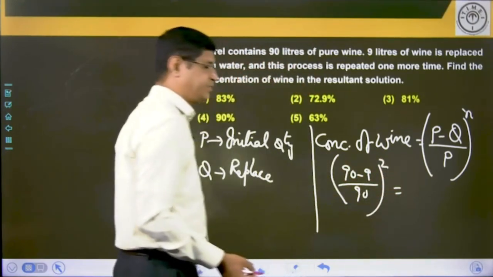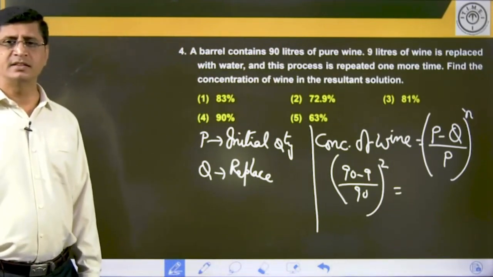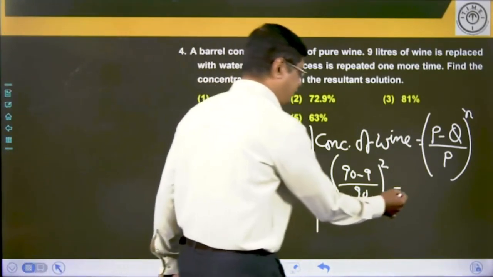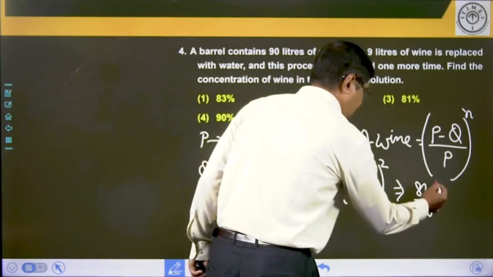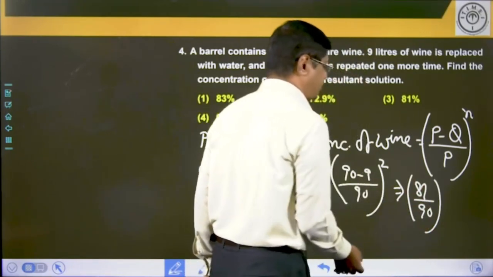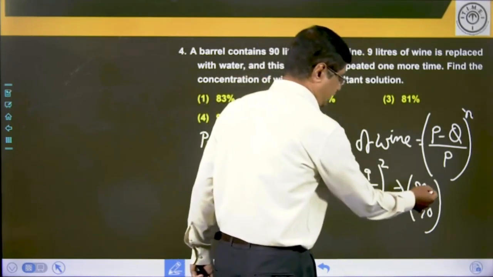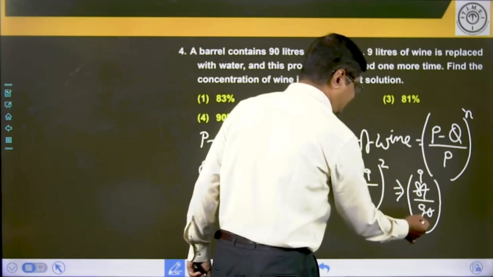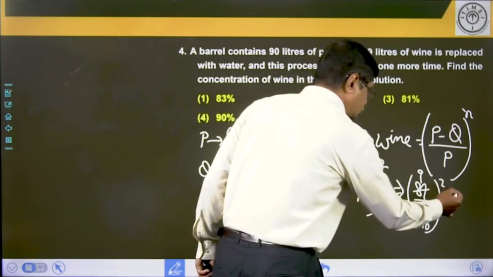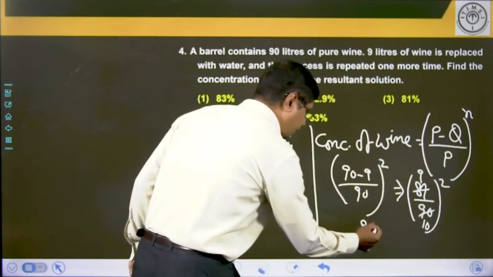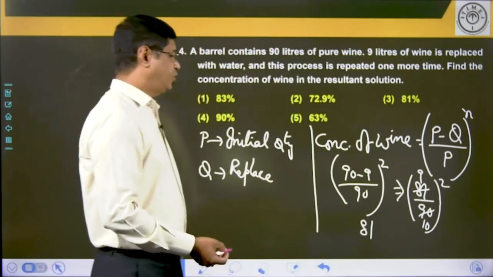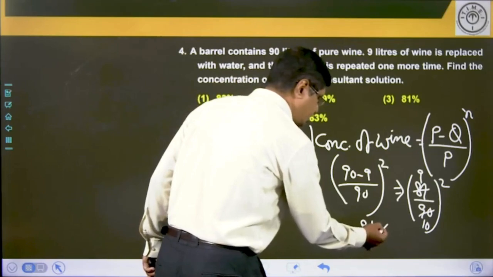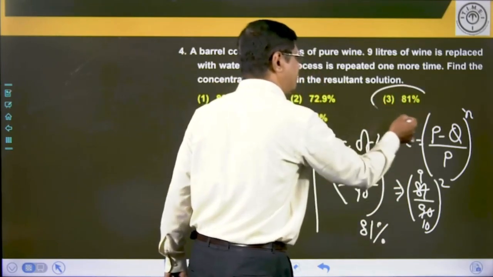90 minus 9, that is 81. 81 by 90, simplify. So 9 times 9, here 10 times 9. So 9 square 81 by 10 square 100. 81 by 100 which is equal to 81%.